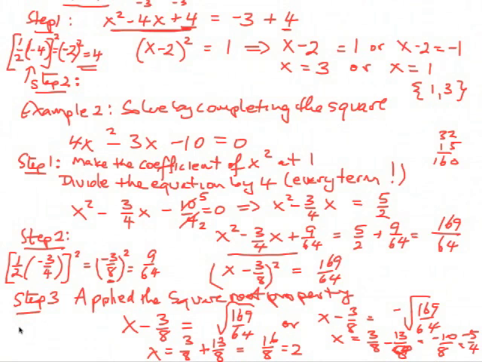So at the end of the day, our solution is going to be negative 5 on 4 and 2. Okay, and that's how we do completing the square.